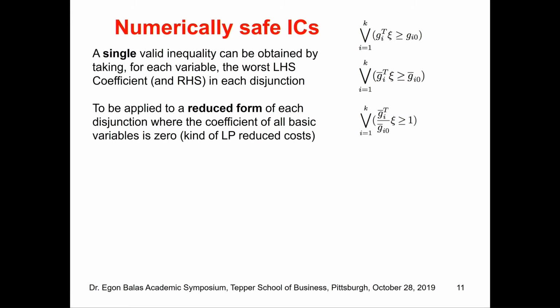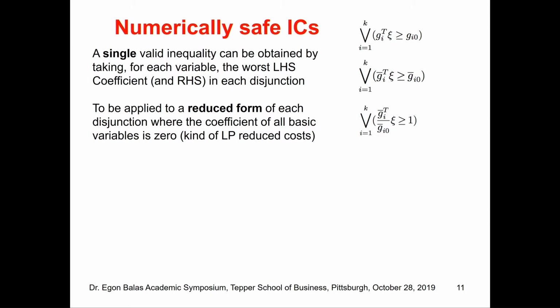So the trick here is that instead of taking the inequalities in the original form, I manipulate the inequality and put it in reduced form so that all coefficients of the basic variables are 0 in all of them. At that point, you can easily see that the right-hand side must be positive because this inequality is violated by the fractional point.